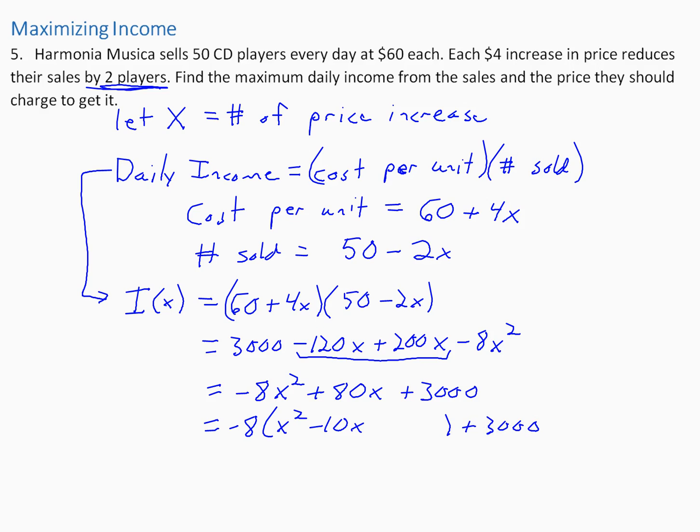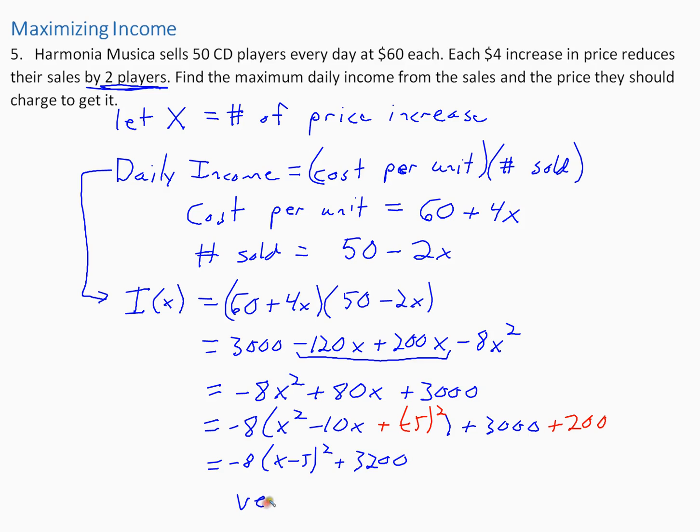Now we want to complete the square, so we take half of negative 10, which is negative 5, squared. Negative 5 squared is 25, times negative 8 is negative 200, so that's subtracting 200, so we're going to go ahead and add 200 here. And now we can write this in our work form. This is negative 8 times (x minus 5) squared plus 3,200.